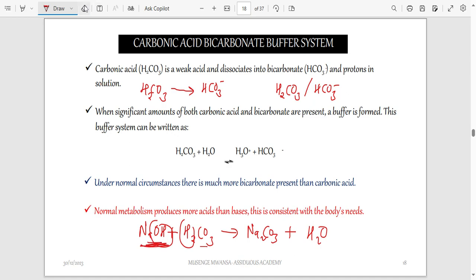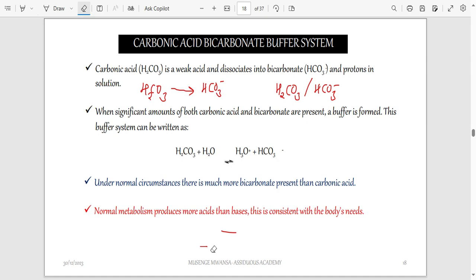But if we add an acid to our solution, what is going to happen in that case? It is the basic component of the buffer that is going to react. Let's say, for example, I add hydrochloric acid. It's actually the basic component of the buffer, the HCO3 minus, or the bicarbonate, that will react. In this case, what is going to happen?